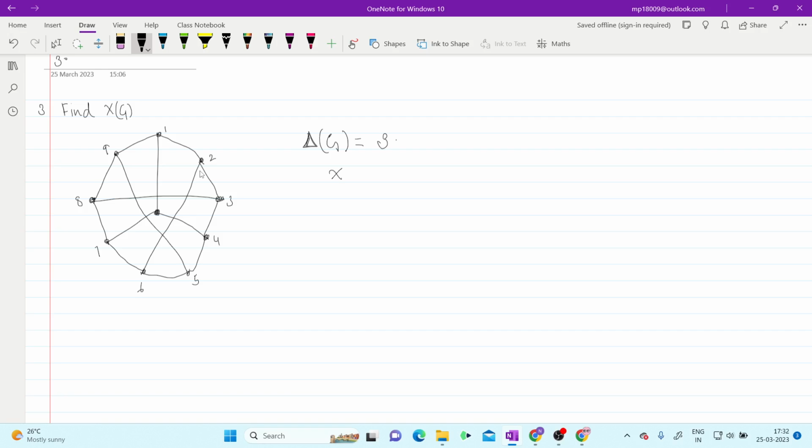So the chromatic number is less than or equal to 3. This graph is neither a complete graph nor an odd cycle, so from that bound we can say that the chromatic number will be less than or equal to 3. But what will be the chromatic number for this graph?